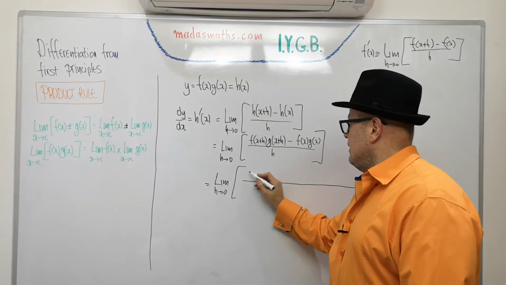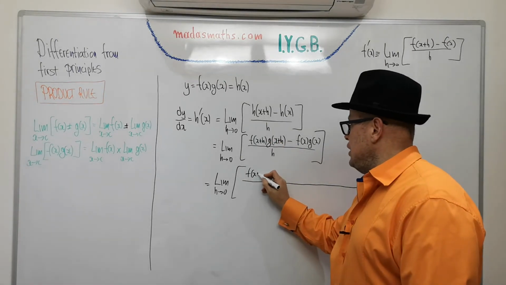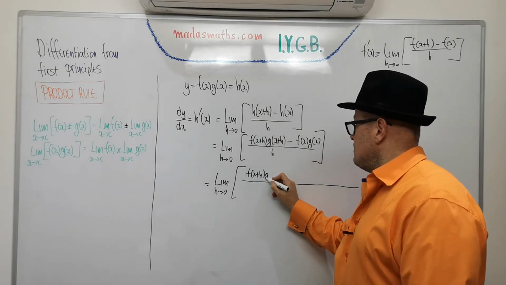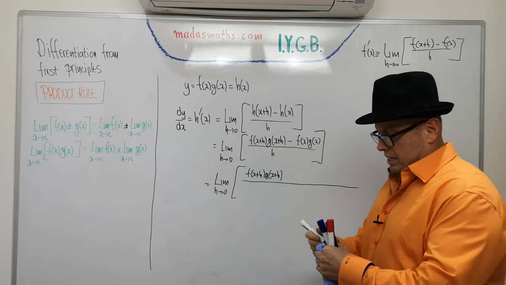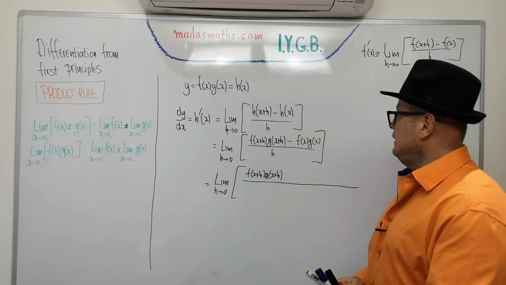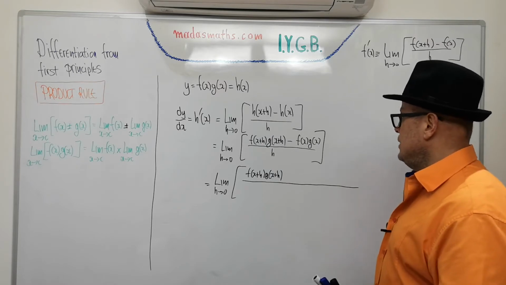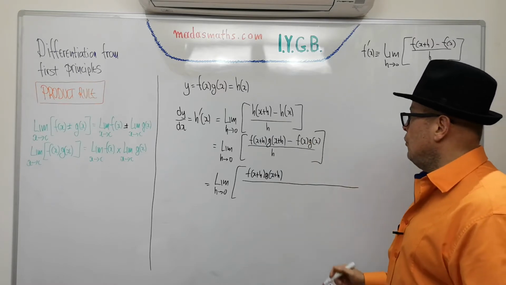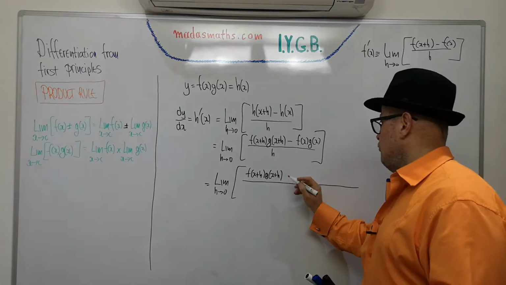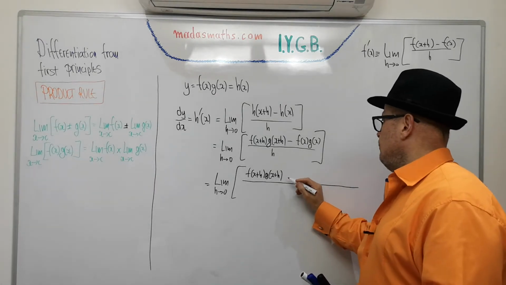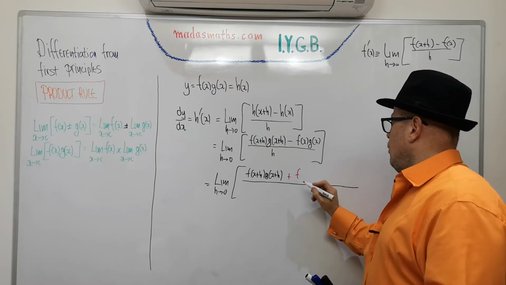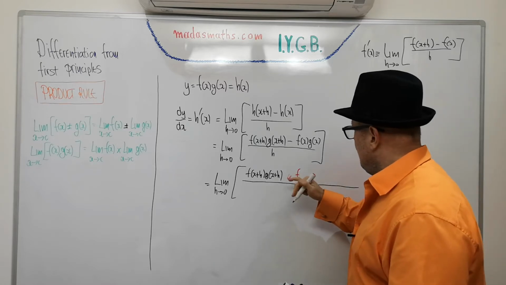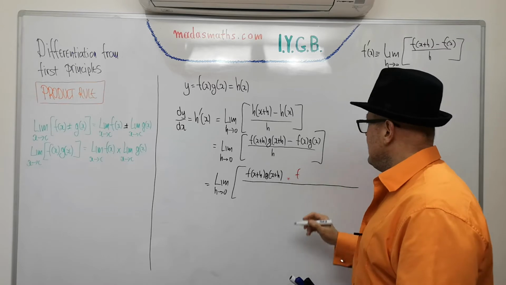Okay, let's write this f of x plus h times the g of x plus h. And we're going to add and subtract an identical quantity, so I will not change, of course, the numerator or the limit. So we're going to, let's say subtract first, it's probably better.